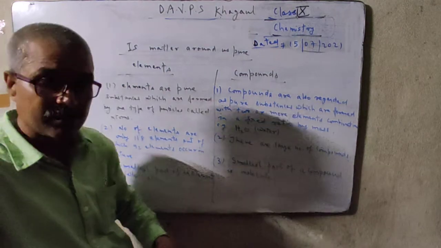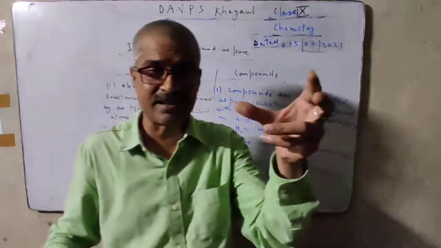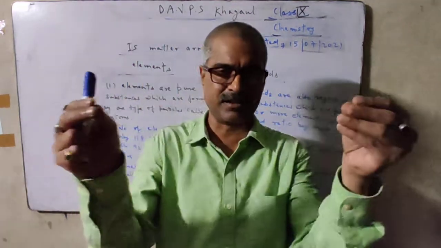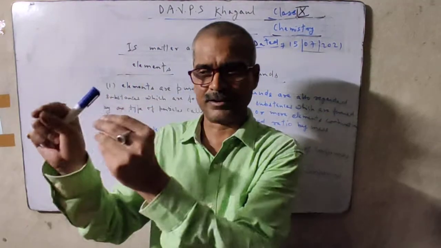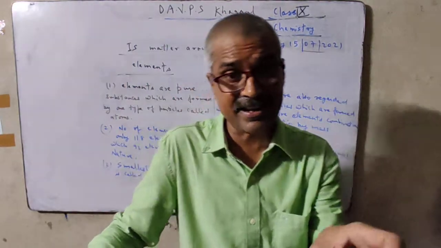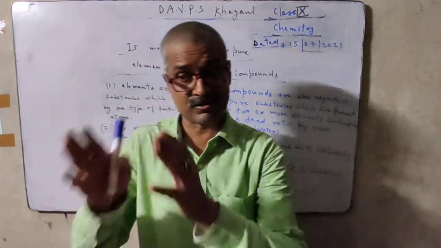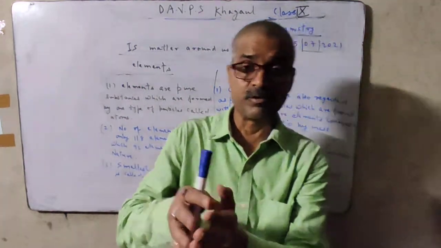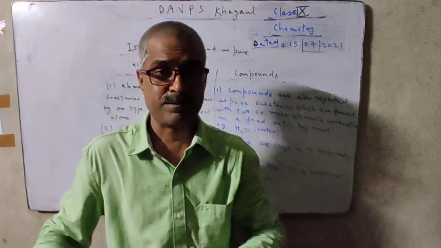We cannot form water by combining a hydrogen element and an oxygen element, or a hydrogen atom and an oxygen atom, to form a molecule of water. It is not possible. Only chemically can hydrogen gas and oxygen gas combine to give the compound water.